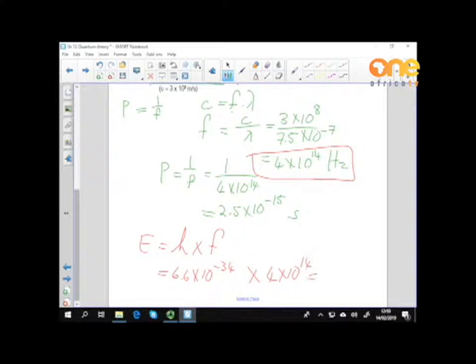And that should give you an answer of 2.64 times 10 to the power minus 19, and the unit is the joule. Any questions there?